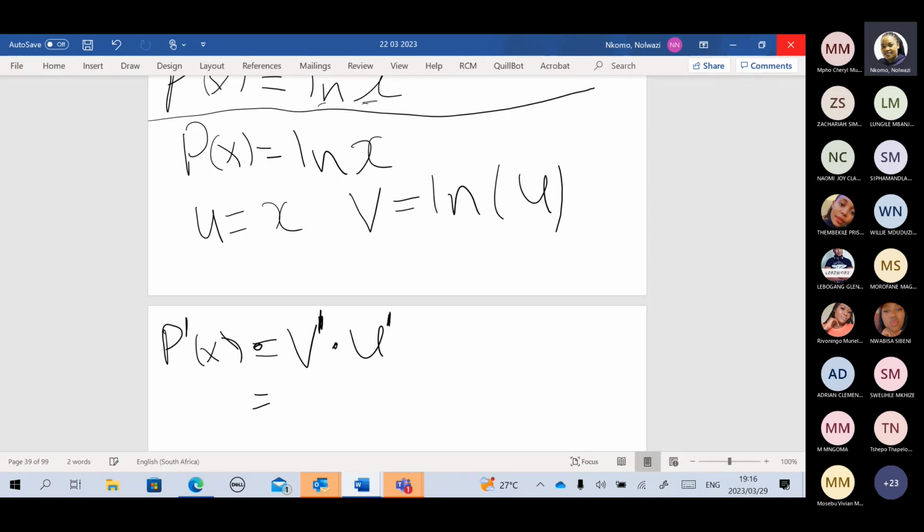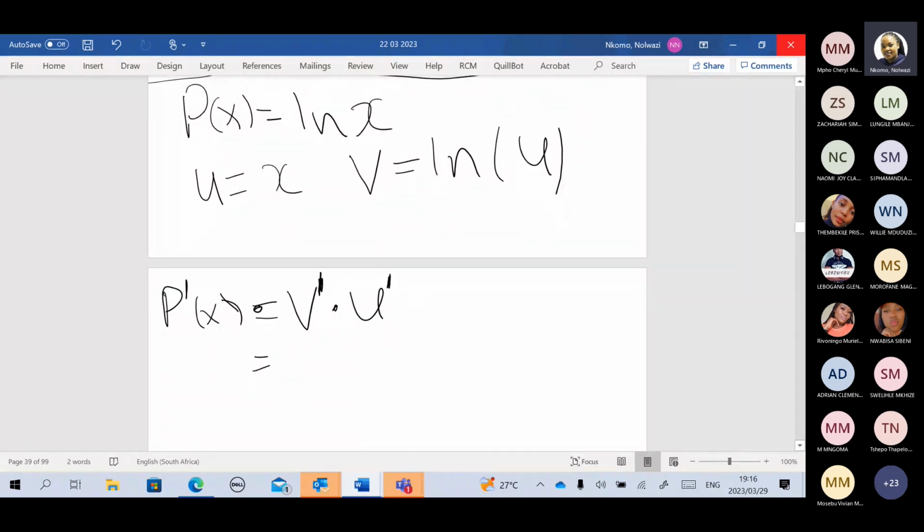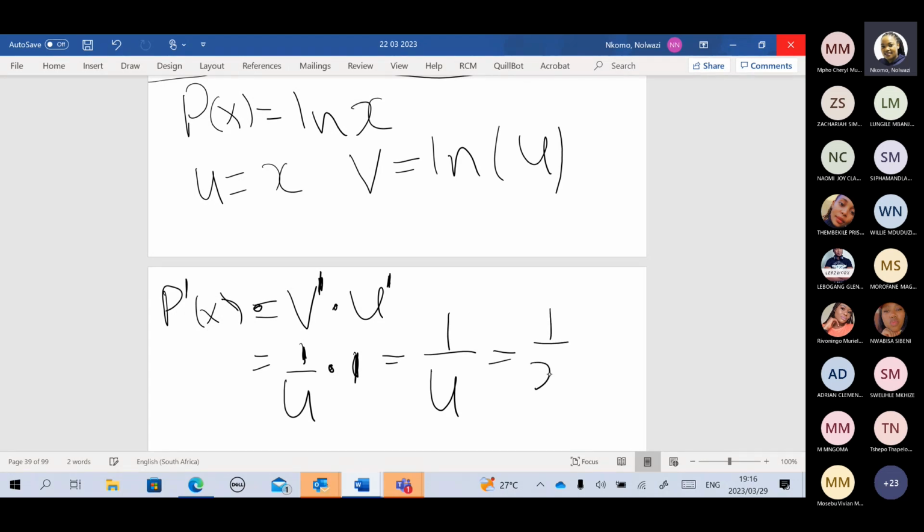What do we get if we differentiate ln u? We get 1 over u, right? What do we get if we differentiate x? We get 1, right? So it's times 1. So this means we have 1 over u. But we know that our u is x. So we need to substitute back x. So this means p prime is equal to 1 over x, right?